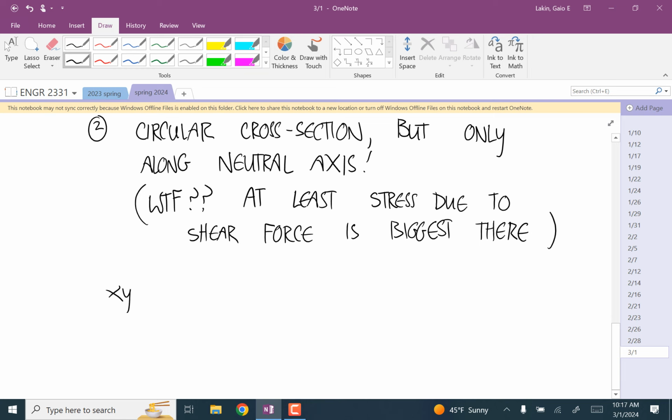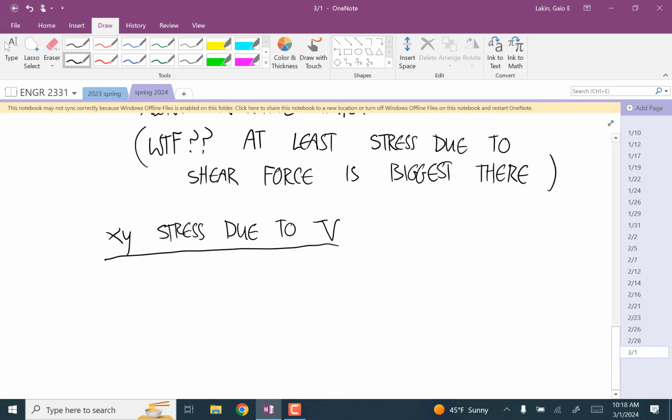So the formula for the XY stress due to the shear force V says tau XY is equal to negative V times this new area related calculation. We have to talk about capital Q, times the area, divided by the area moment of inertia, divided by the thickness of the thing at that point.